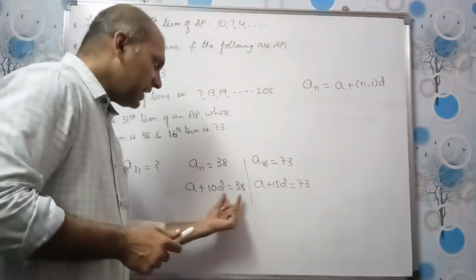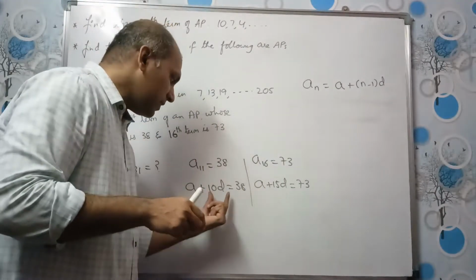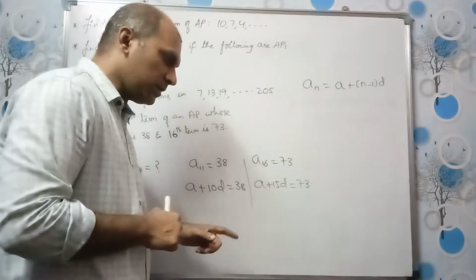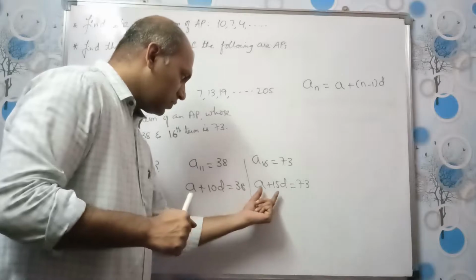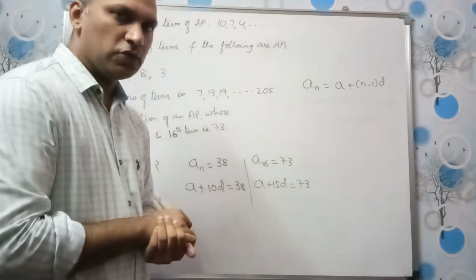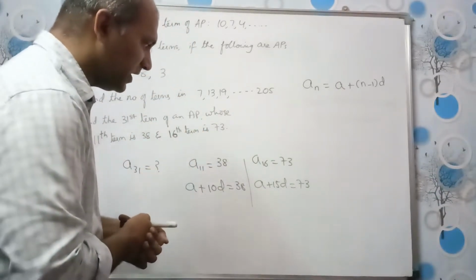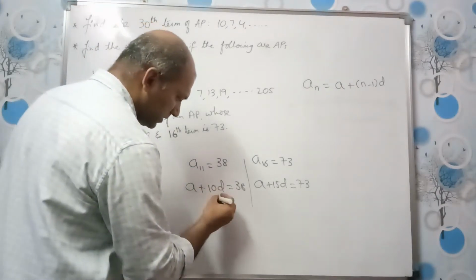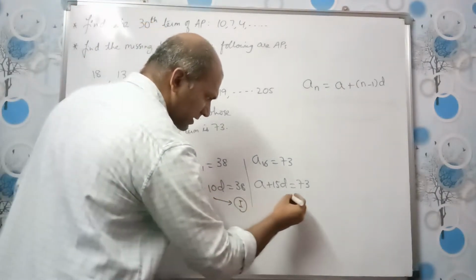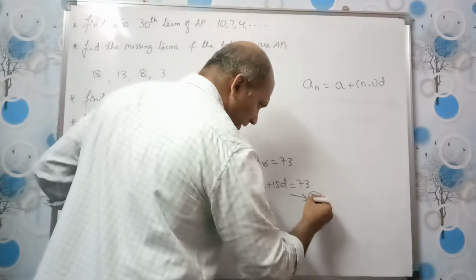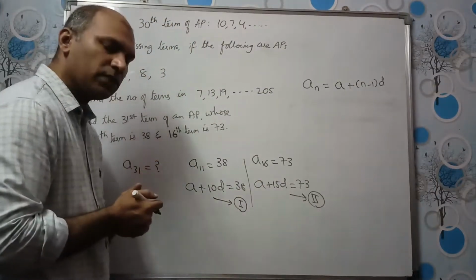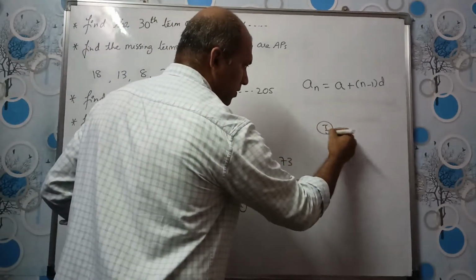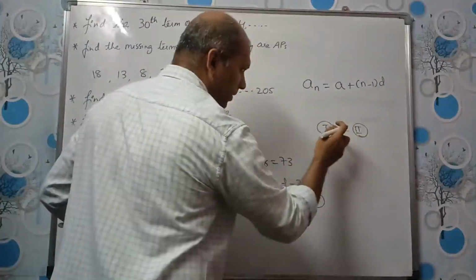Now we have linear equations. We have two linear equations in two variables, A and D. Okay. Two unknowns are there, two equations are there. How should we find it? Let us use elimination method, or we can subtract. It is same. It is elimination method only. Okay. See, let us say this is equation 1, this is equation 2. If we subtract 2 from 1, what do we get?